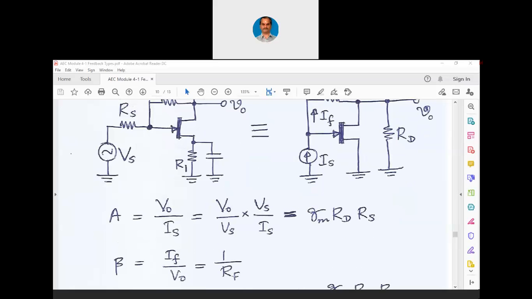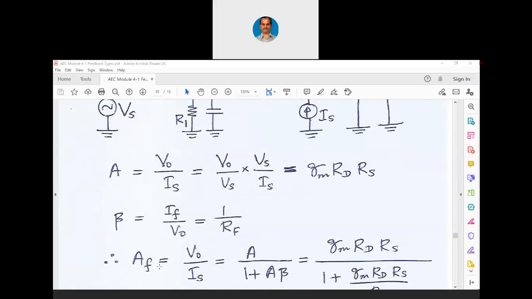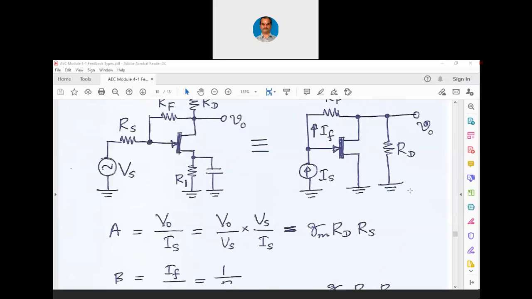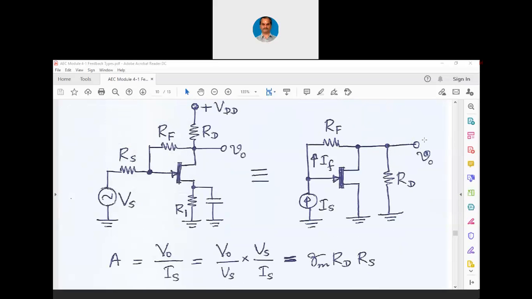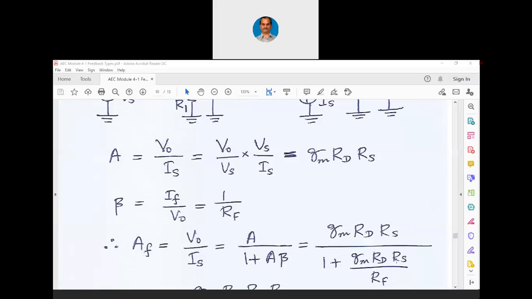Let us substitute these terms in our regular expression A by 1 plus A beta. So now AF is V0 by Is, right? The gain with feedback is V0 by Is, as we have seen in this particular diagram. Output is V0, input is Is. So AF is V0 by Is, that is A by 1 plus A beta, that is Gm into Rd into Rs divided by 1 plus Gm into Rd into Rs divided by Rf, substituting 1 over Rf.